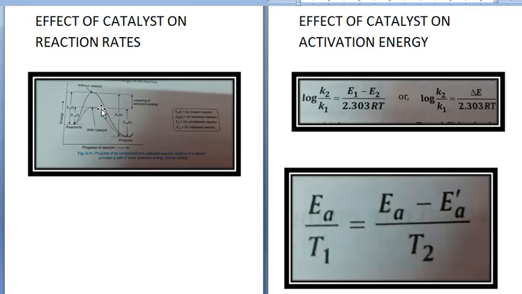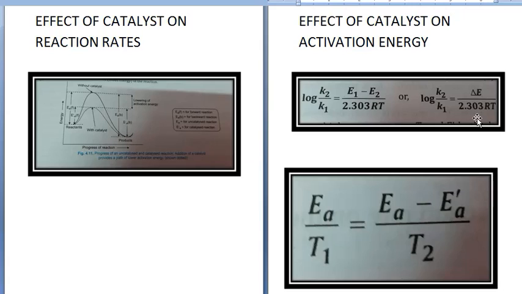So activation energy without the catalyst is more and with the catalyst is less. So you get the equation log K2 upon K1 is equal to E1 minus E2 upon 2.303 RT, or can be written as log K2 upon K1 is equal to delta E upon 2.303 RT.